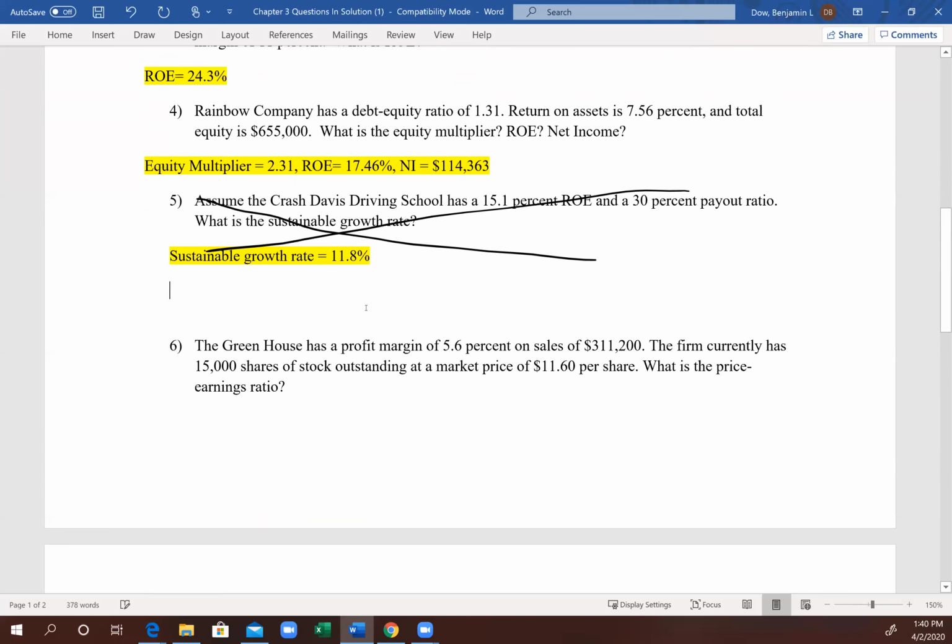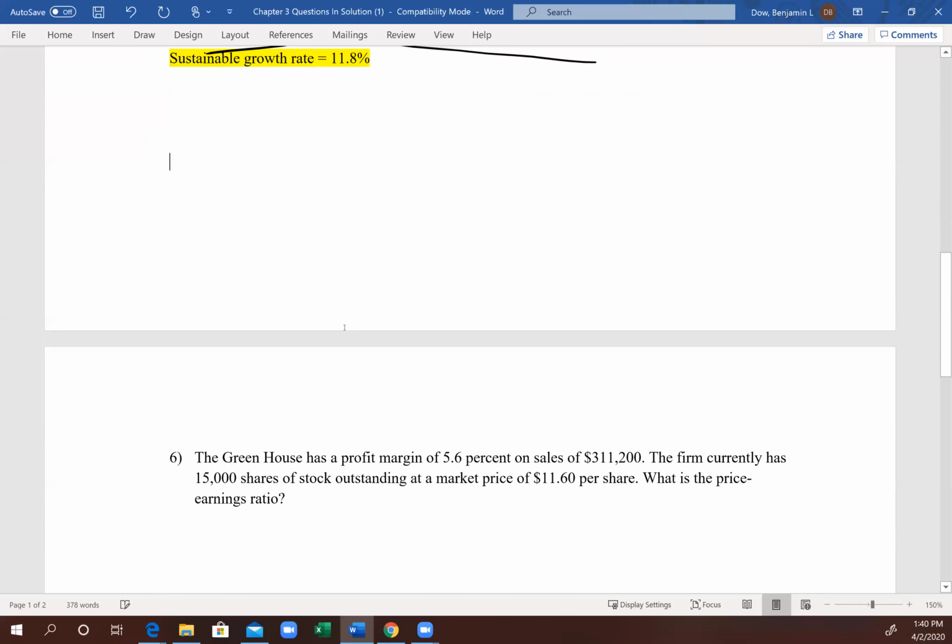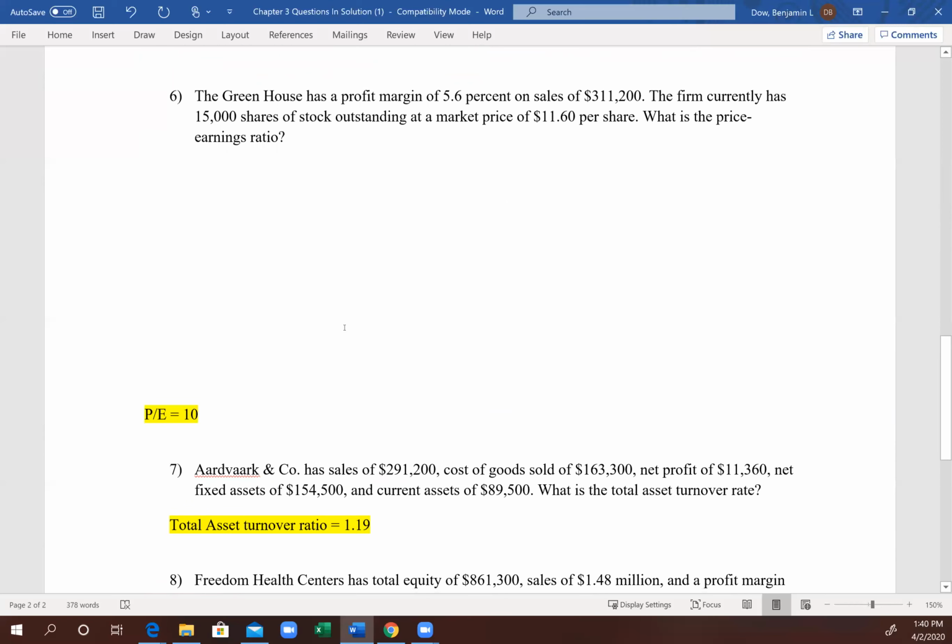So we've got a profit margin, which you want to memorize, net income to sales at 5.6%.